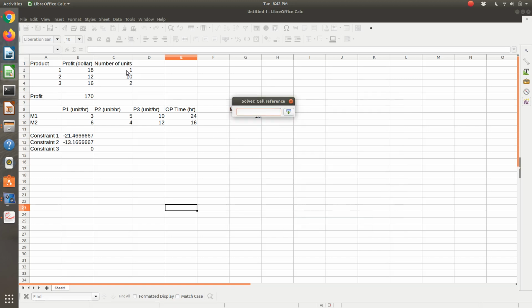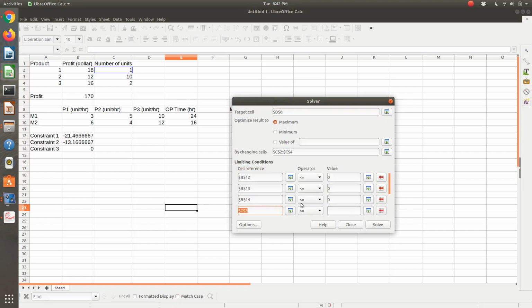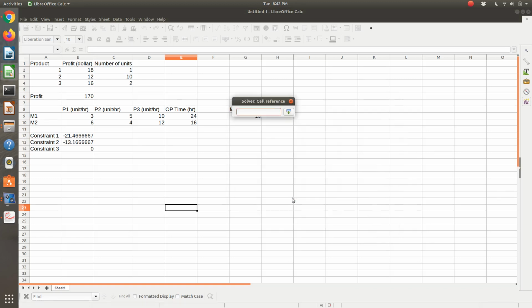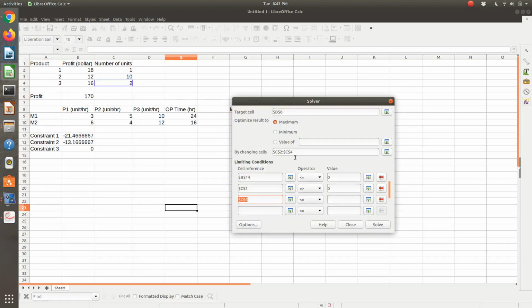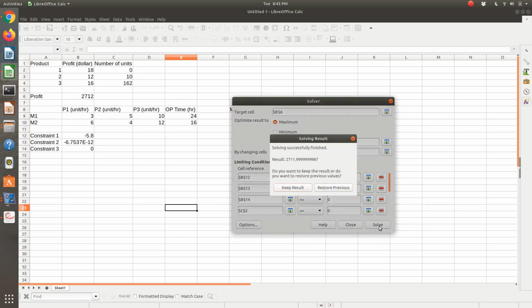So I can say I'm going to assume that x1 is greater than or equal to 0, and I've got to scroll down. Remember, x2 greater than or equal to 0 we really don't need to worry about, since we already have it defined to be greater than or equal to 10. But here I'll define x3 to be greater than or equal to 0. Once I have all that entered, I'll click Solve.